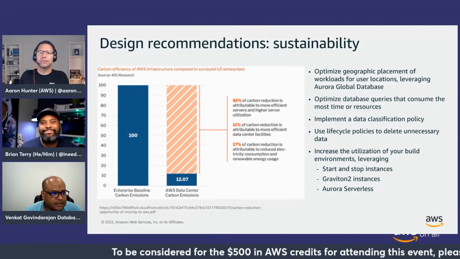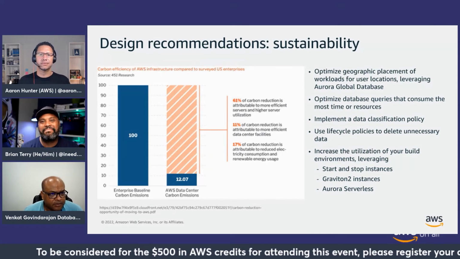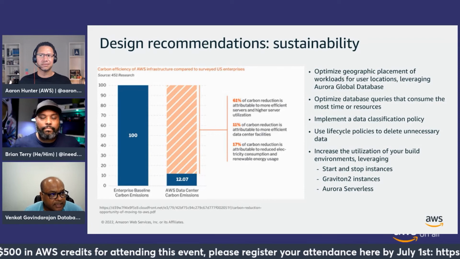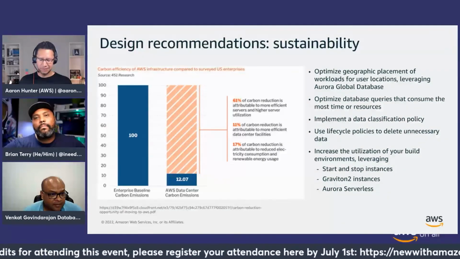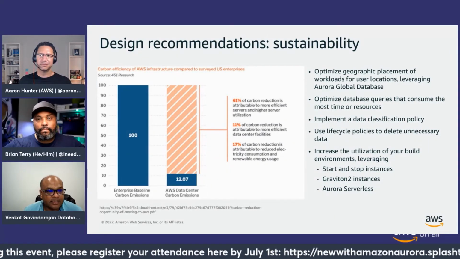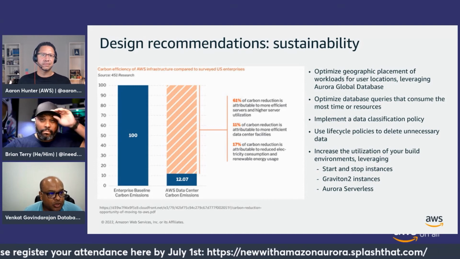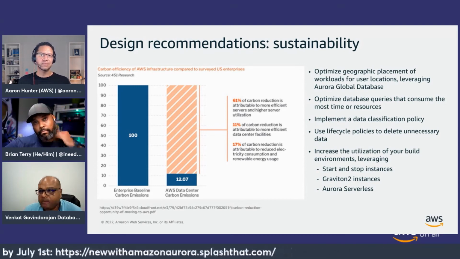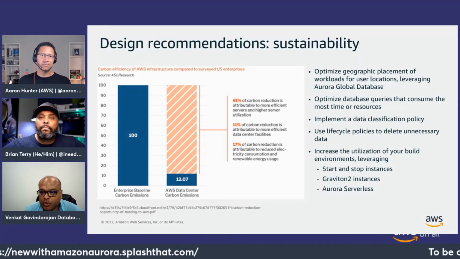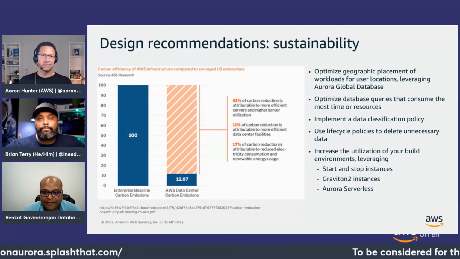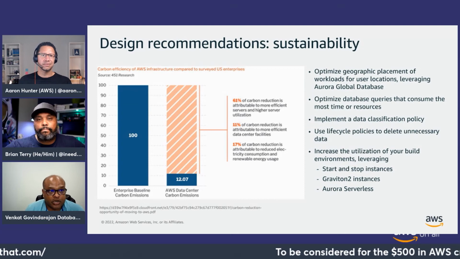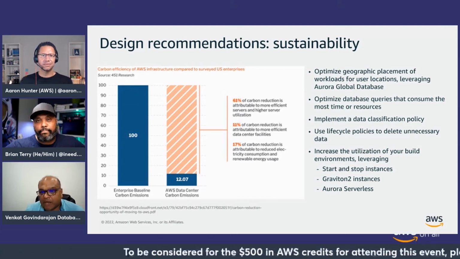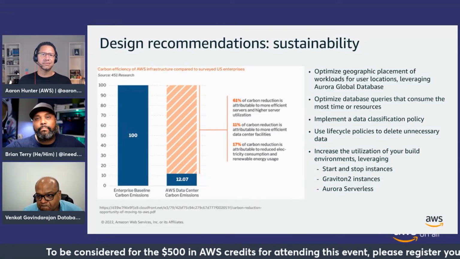Graviton is an ARM-based instance on AWS, built with sustainability in mind, and it uses fewer resources. And Aurora Serverless is also a sustainability aspect because you use only what you need. You are not provisioning for your peak. You're choosing the right ACU so that you can have the right posture around sustainability.